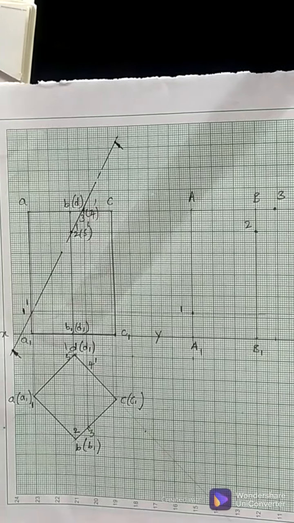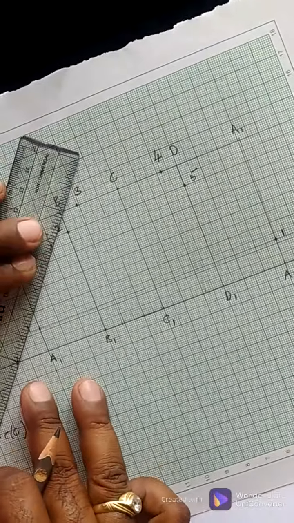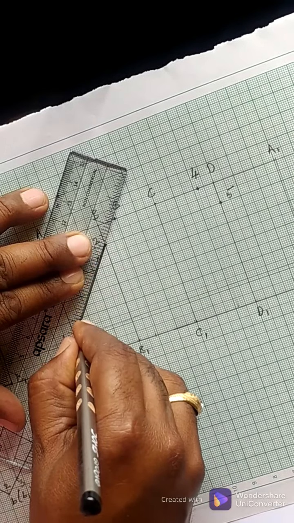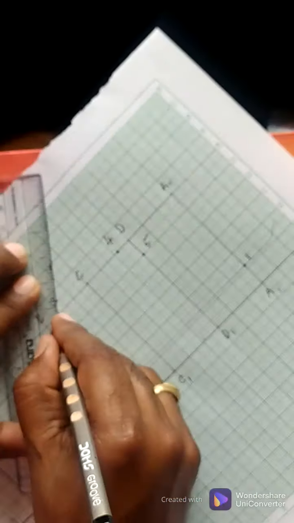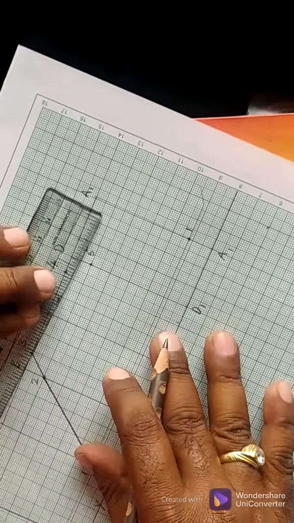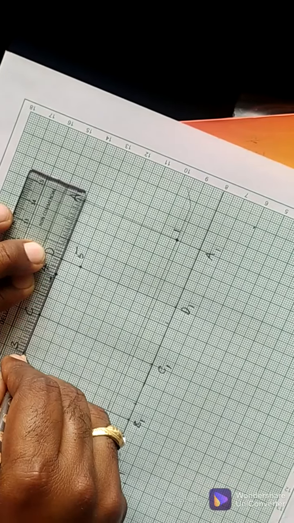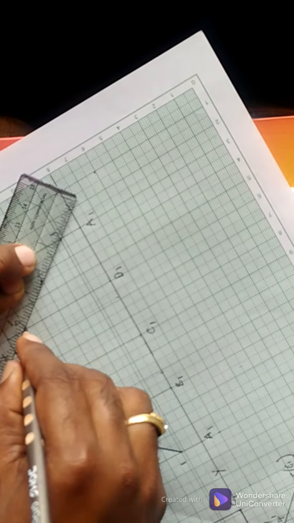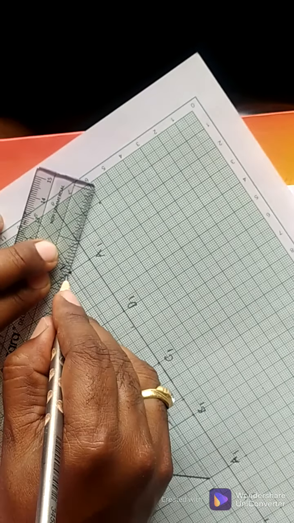Now take the scale. Join with the thick line, 1 to 2. 2 to 3. 3 to 4. 4 to 5. 5 to 1.